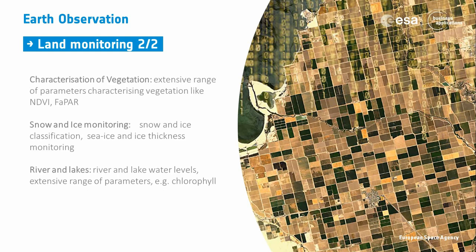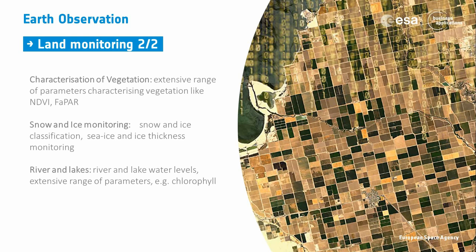In general, Earth observation can be used to characterize vegetation. You can extract an extensive range of parameters that characterize the vegetation and usually the health of the vegetation, like NDVI and FAPAR.